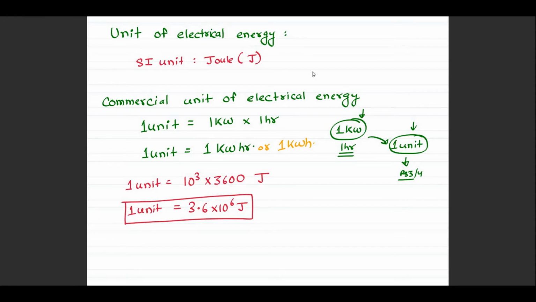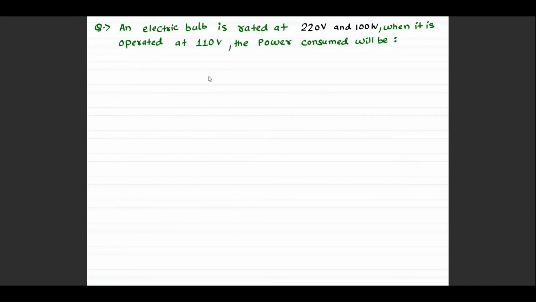Fine. Let's solve a few numericals then. If we look at this particular question, we know power is equal to V square by R. Considering the same element is to be used, so can I say R will remain same, so power is proportional to V square.